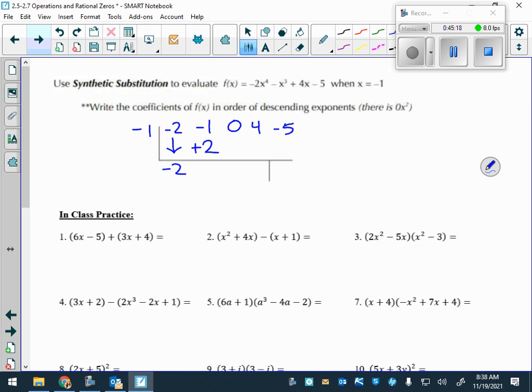And now we add negative 1 plus 2. 1. 1 times negative 1. 0 plus negative 1. Negative 1 times negative 1. 4 plus 1. 5 times negative 1 is negative 5. Negative 5 plus negative 5. Negative 10 is your final answer.